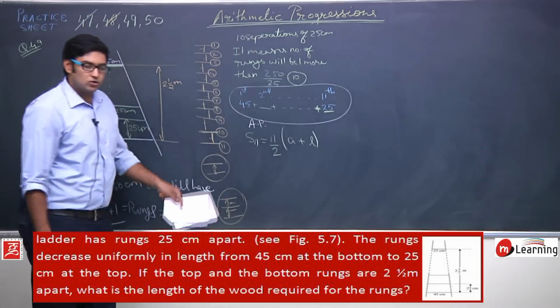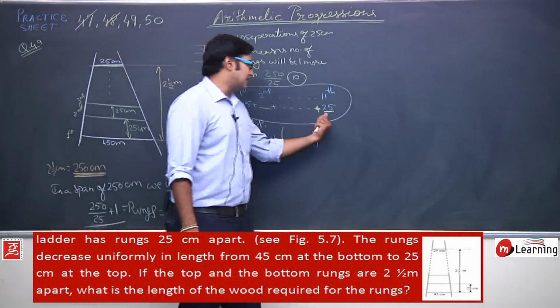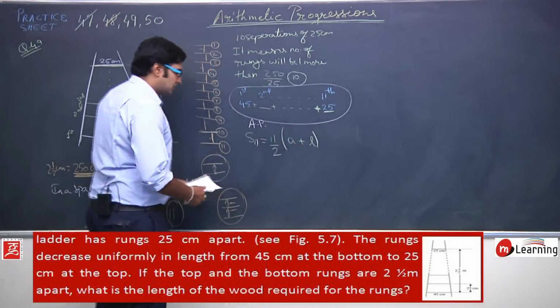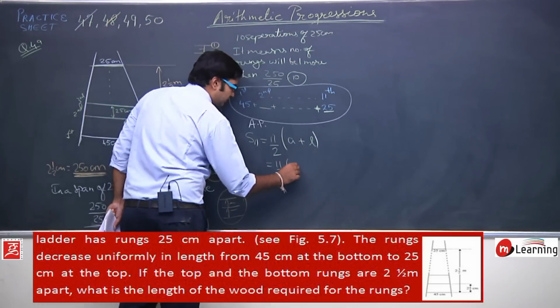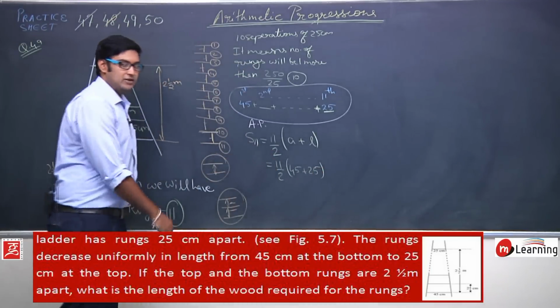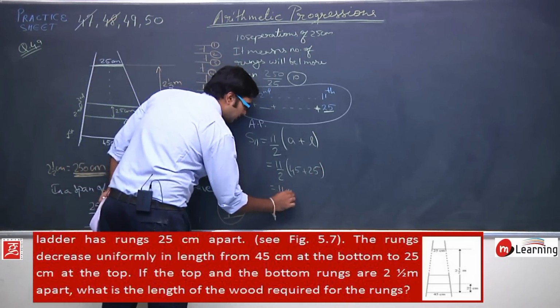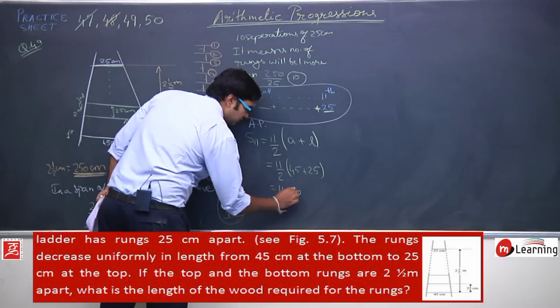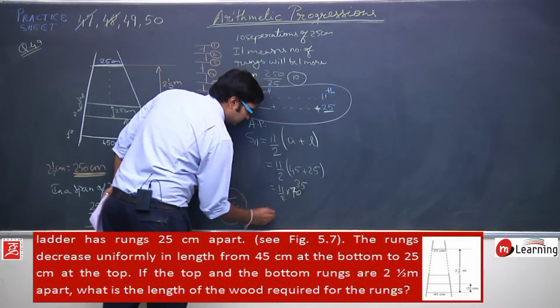Since I do not know the common difference, what I know is I know the first term, I know the last term of this arithmetic progression. So this will be 11 by 2 into the bracket 45 plus 25. What is 45 plus 25? It will be 70. So 70 into 11 by 2, that is 35.